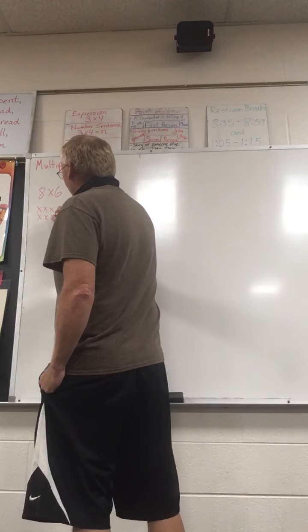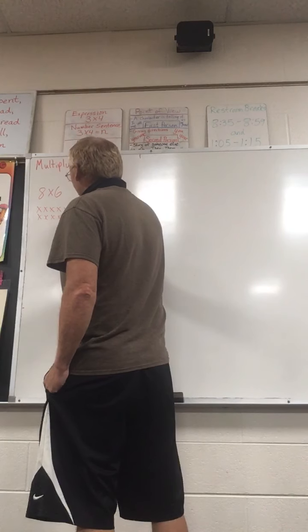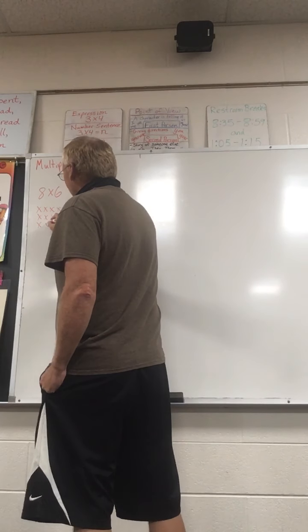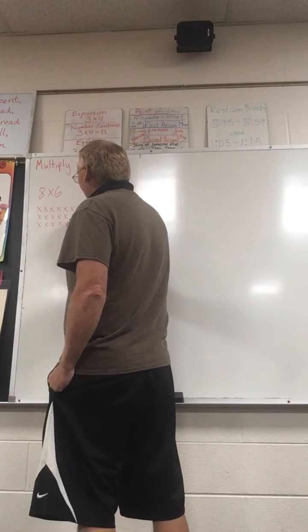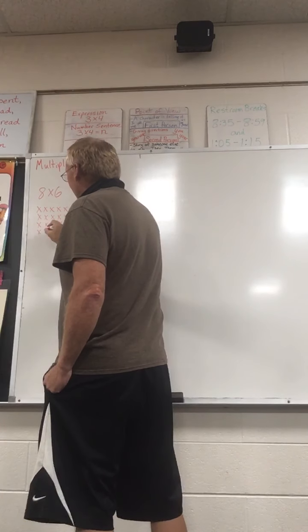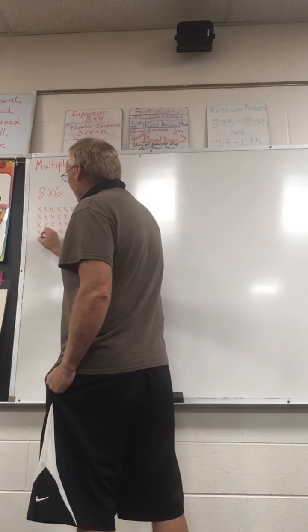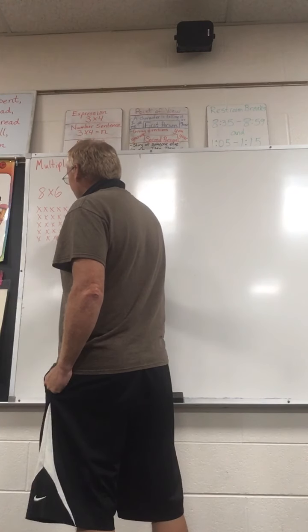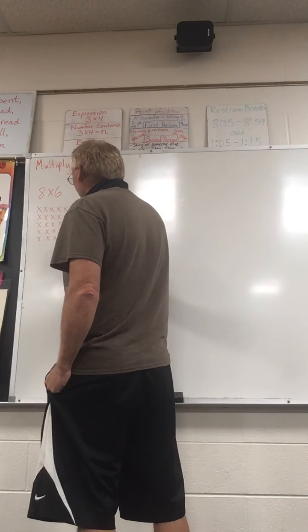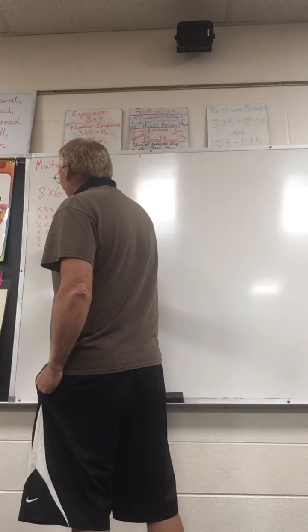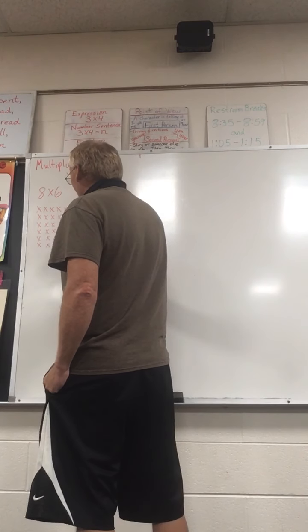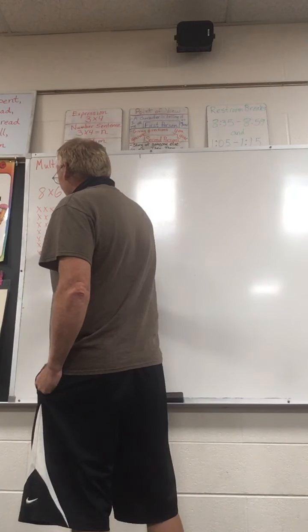Now I'm going to keep making my rows until I have 8 of them. And I don't really even have to count if I'm careful, because if everything is lined up, they should end up as rows of 6. I just need to make sure that I have 8 of them. 8 rows of 6. I think I'm getting close.